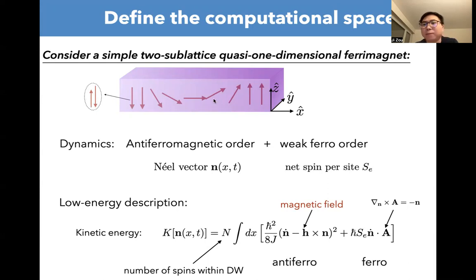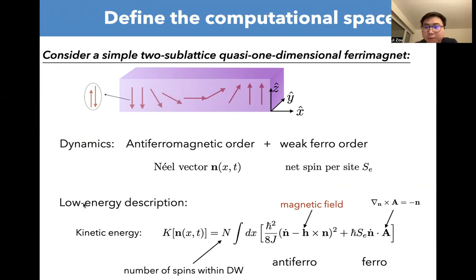So this kind of system can be described by antiferromagnetic order together with a ferromagnetic order. We assume we can describe this antiferromagnetic order with a Néel vector n. And we also assume the net spin within the unit cell is S_E. Basically this S_E is the difference of the spin lengths within the unit cell, right?